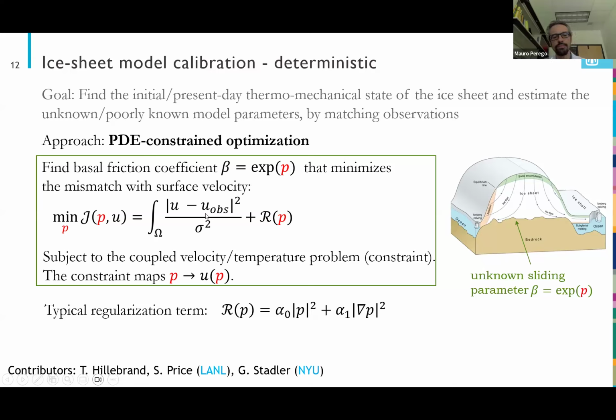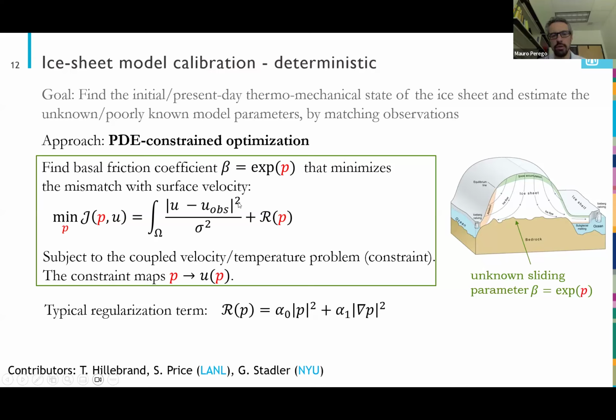And then the velocity u depends on the parameter p through our physics model, right? So, for example, if you're using Stokes, then for a given parameter p that determines the basal sliding boundary condition, you can solve the Stokes equation, you get your velocity, and so you can compute this functional.